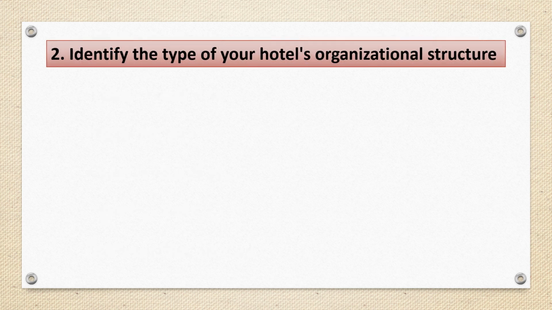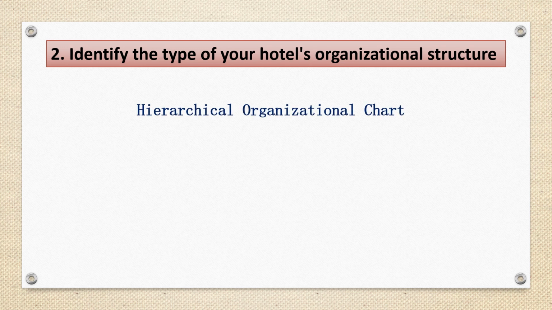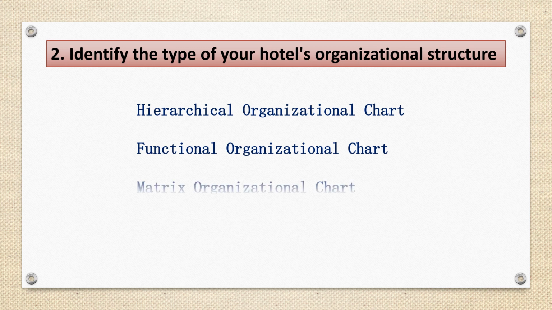So first, you should identify which organizational structure you are going to use in your hotel organizational chart. Is that hierarchical organizational structure, functional organizational structure, matrix organizational structure or circular organizational structure?